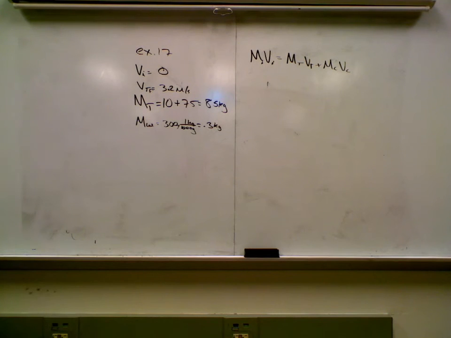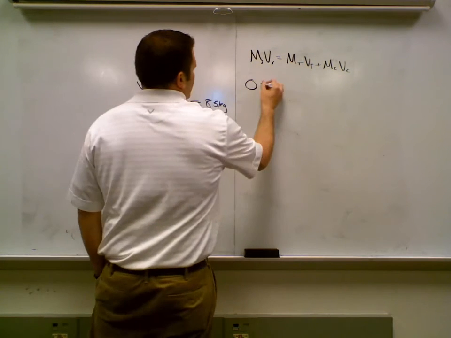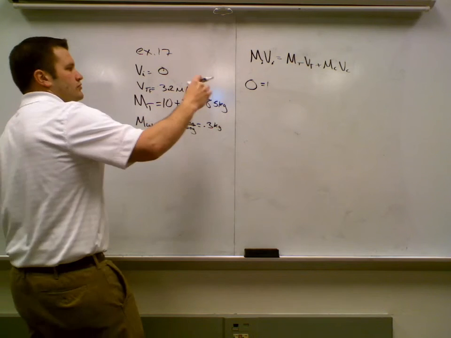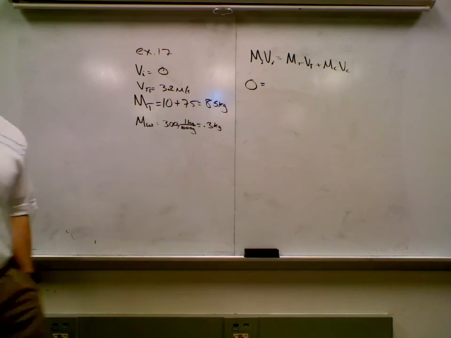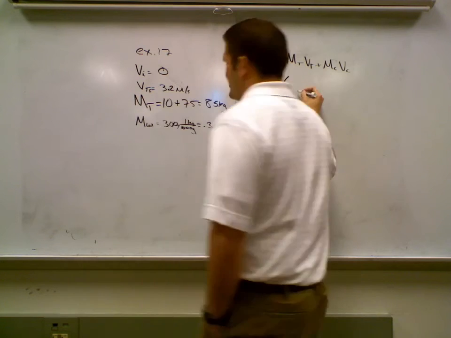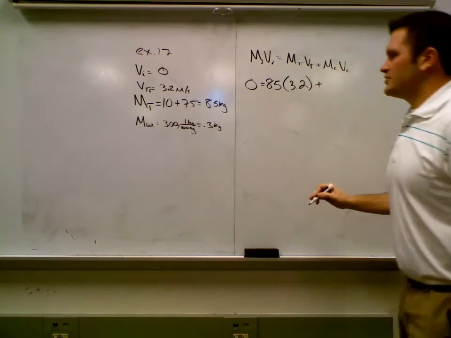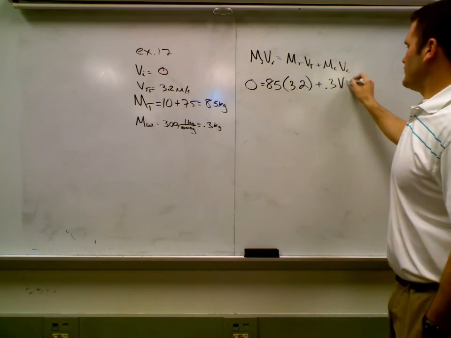Yes. So initially, is the tricycle moving? No. So 0 equals, help me out? 85 times 3.2. Good. Plus 0.3 VC.